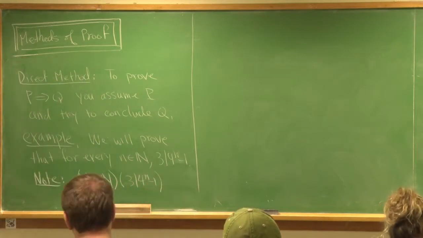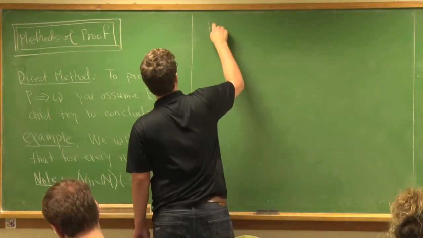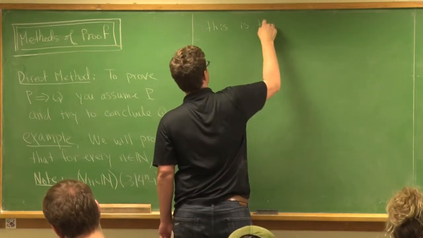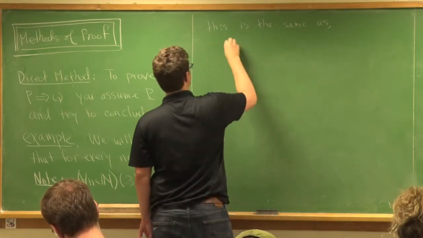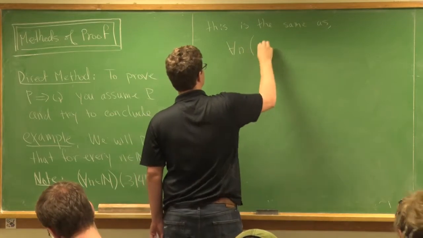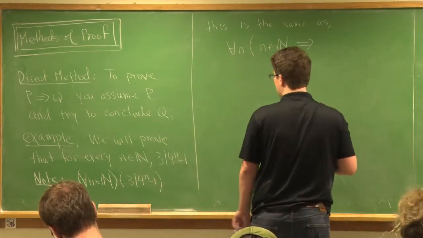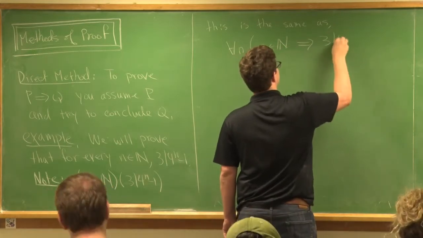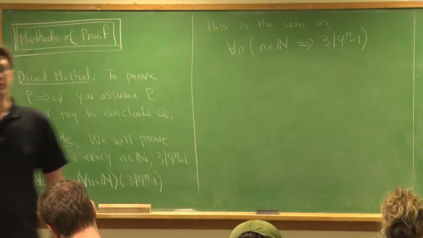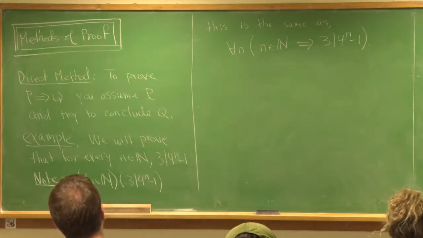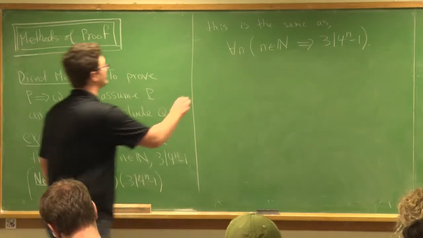And this is the same as for all n in the natural numbers, n implies, so this is what we talked about, quantifying over sets, 3 divides 4 to the n minus 1. That's what we are going to show. So that's what I wanted to say, is that this is really an implication.